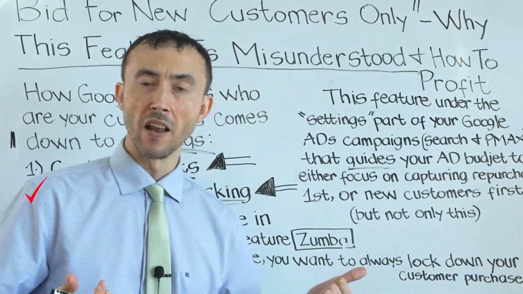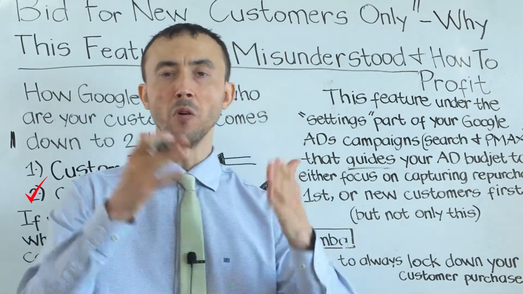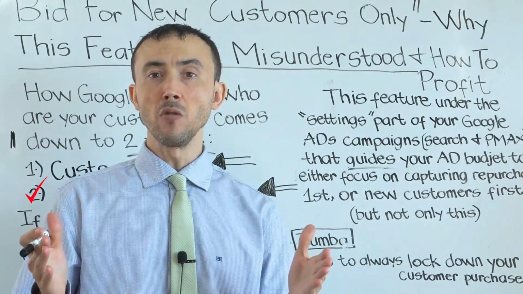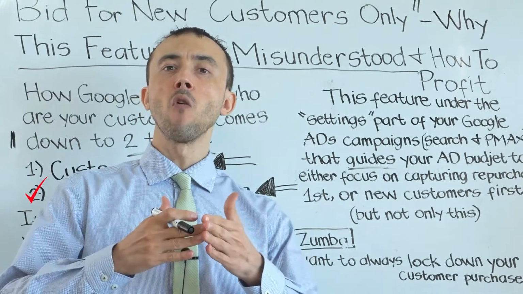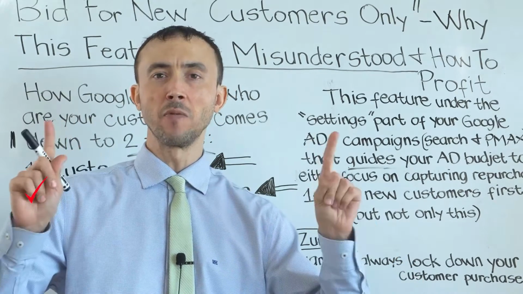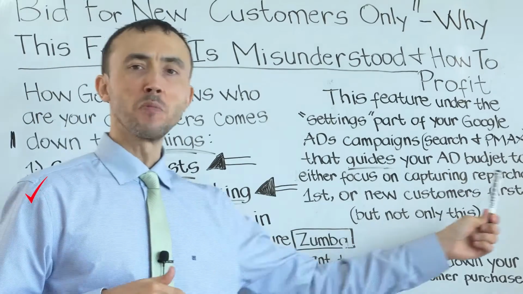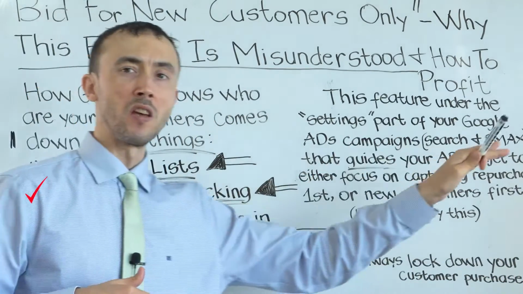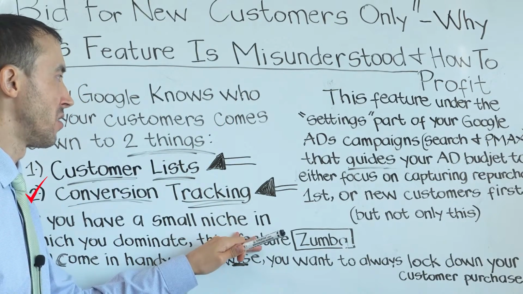And so if the traffic that goes to your website from Google is primarily people that aren't going to be new customers, then this feature can help weed out all of those existing customers from eating up your ad budget. That's the specific single situation where optimizing for new customers first, this feature of bid only for new customers, will come in handy, and did come in handy in that particular instance.